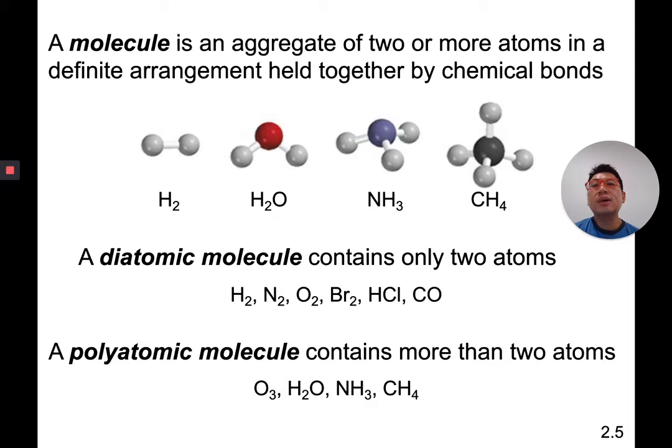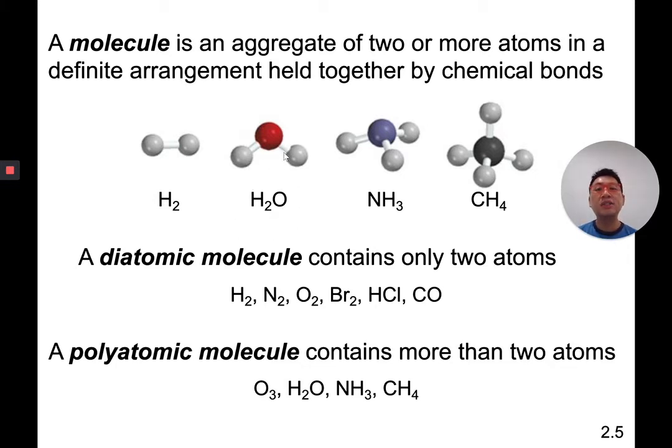So what in the world is a molecule? A molecule is an arrangement of two or more different atoms in a definite arrangement held together by chemical bonds. Hydrogen, water, this thing's called ammonia, methane. I know you probably don't know these chemical formulas yet, but water you've heard of. It has a definite arrangement.